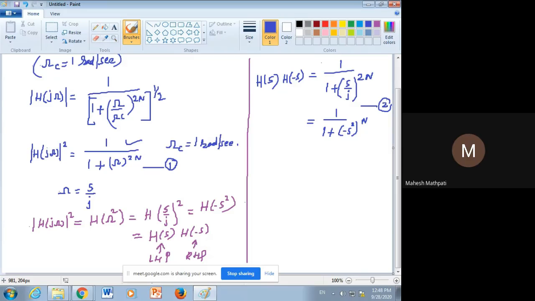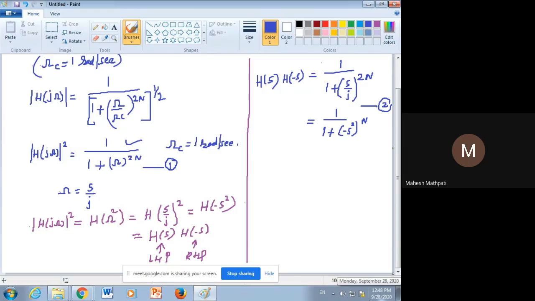The above relation tells us that this function has poles in the left half of S plane.